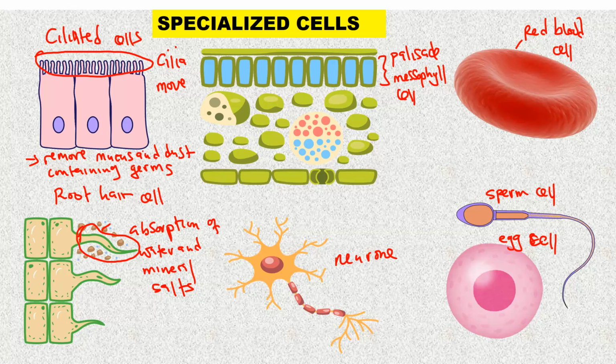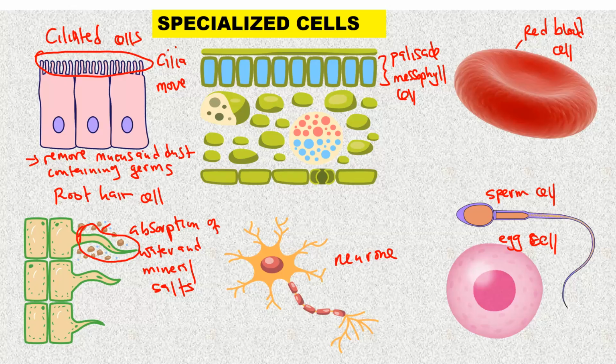Now, what adaptation do they have? They have this elongated outgrowth. This is not a tail, but an elongated outgrowth to create a large surface area for the absorption of water. So take note of that as you go through as well. Water is absorbed by osmosis, mineral salts by active transport. We are going to look at that under transport across the membrane. So the specialized cell has an elongated outgrowth that enables it to create a large surface area for the absorption of water and mineral salts. Also, they are numerous in number to create a large surface area for absorption of water.